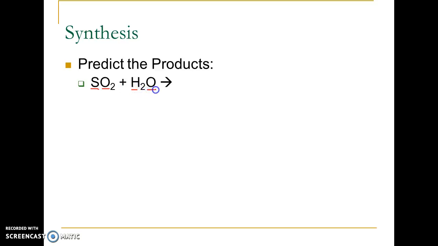Alright, so if I'm looking at my reference table, this is a non-metal oxide and water synthesis reaction, which is a 1C. With this product, we're going to be making an acid.